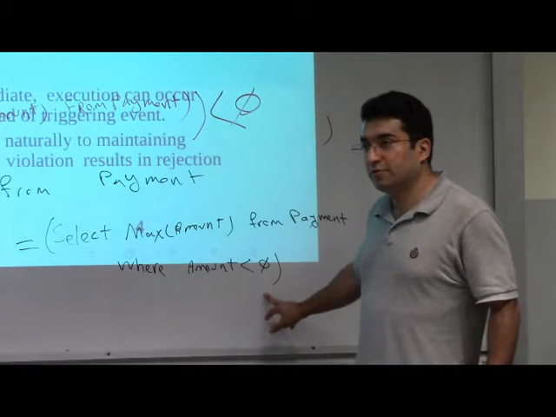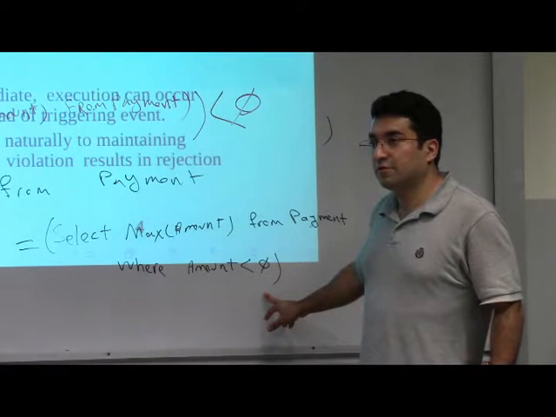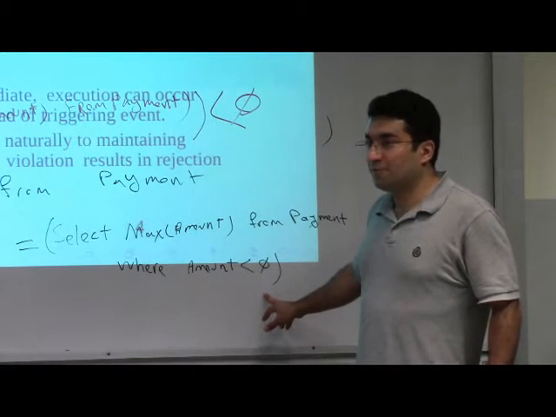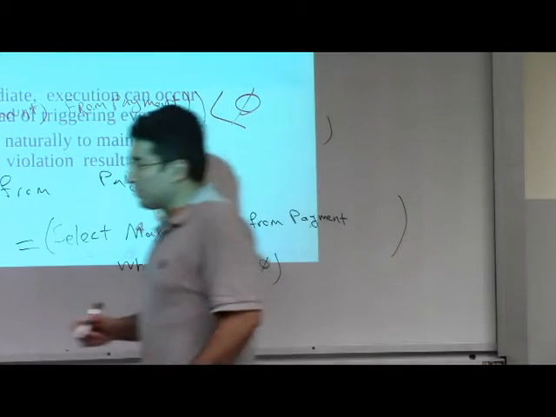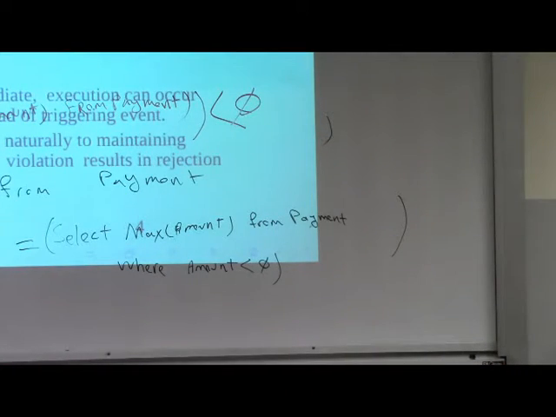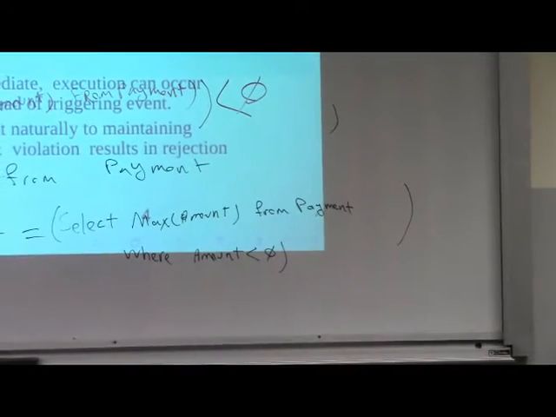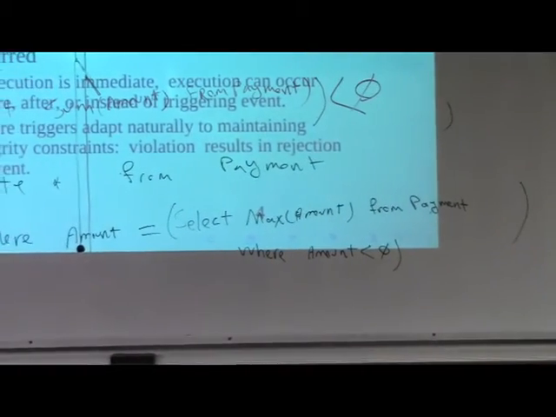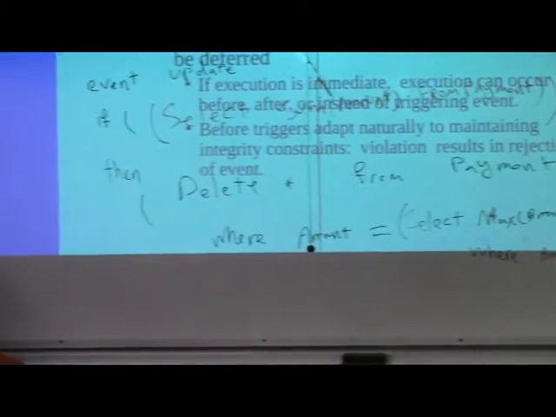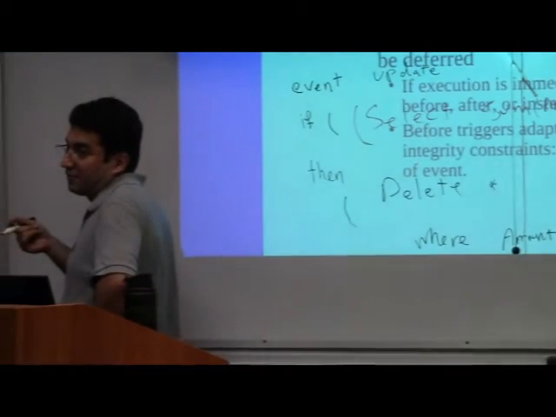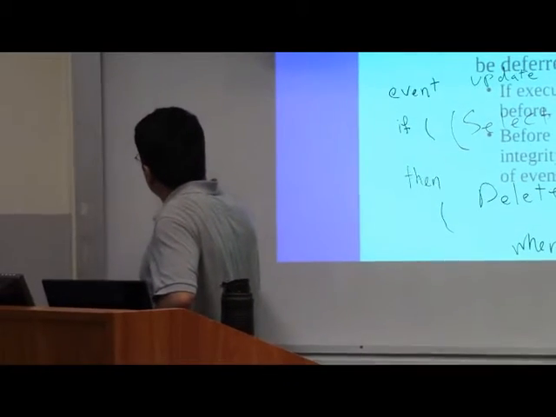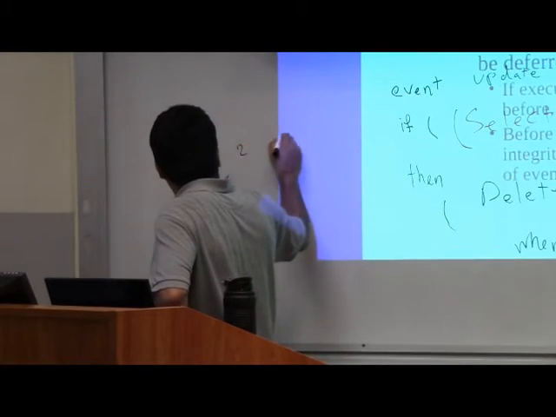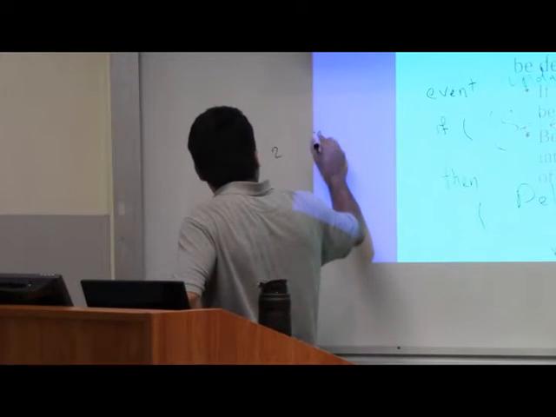The maximum is not the minimum. Suppose that you have 1,000, 2, 5. No, I understand. Sorry, I was wrong.